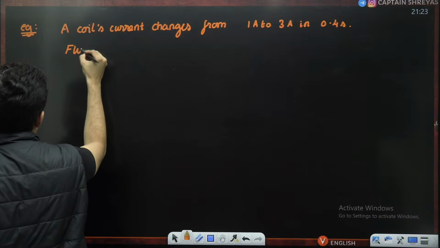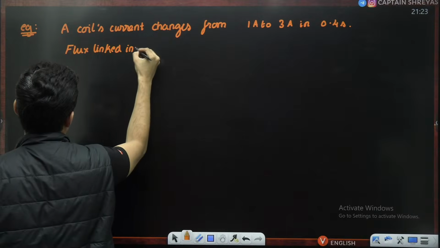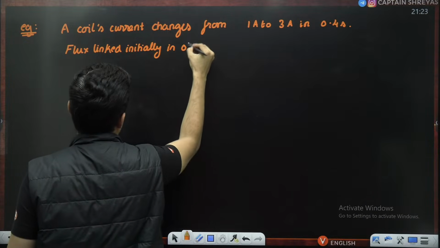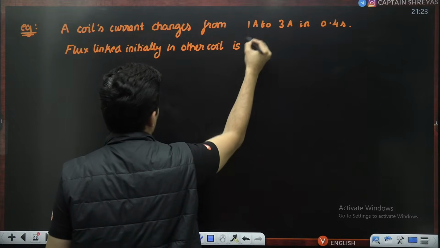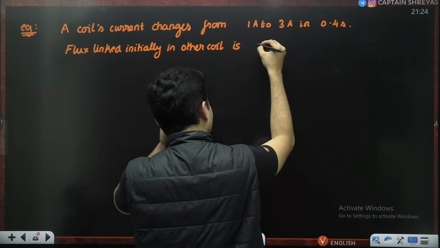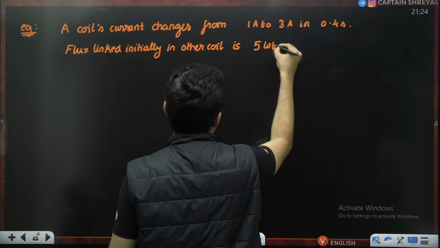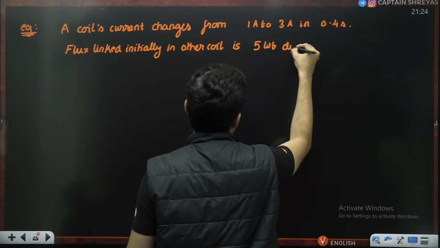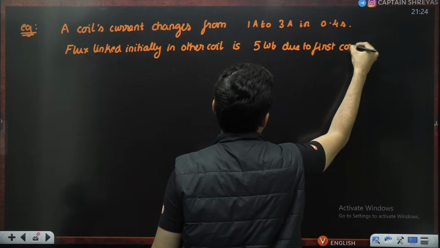The flux linked initially in the other coil is 5 Webers due to the first coil.